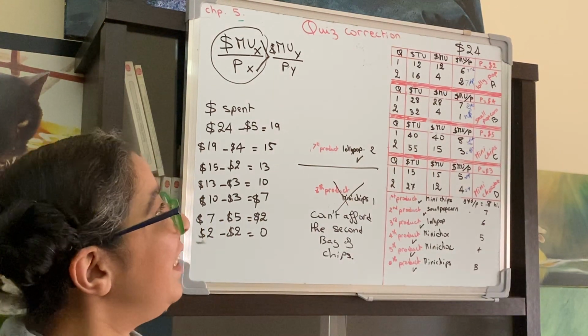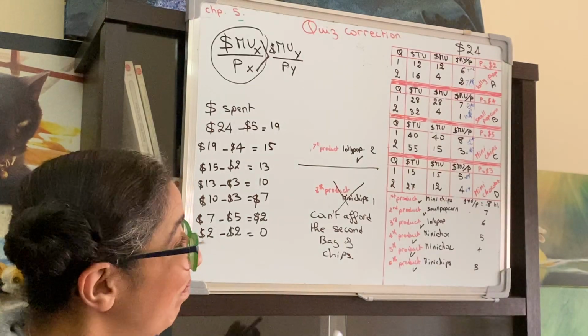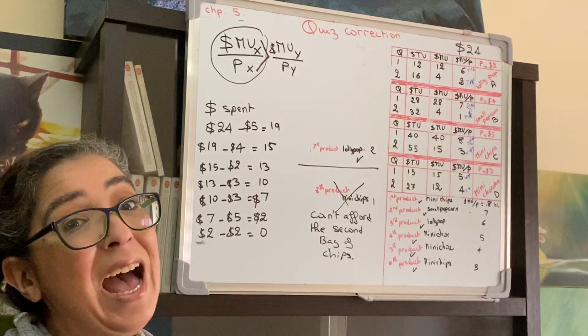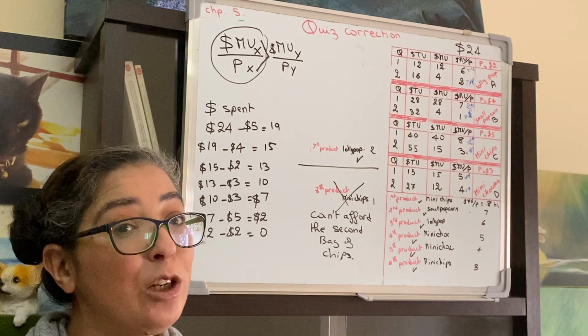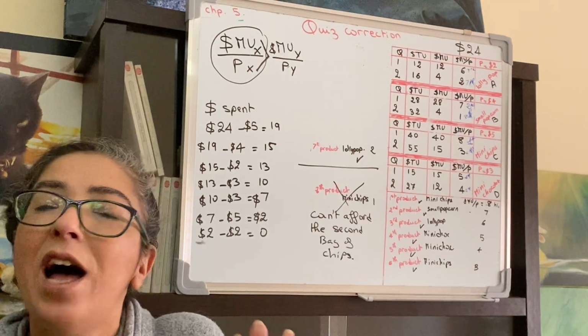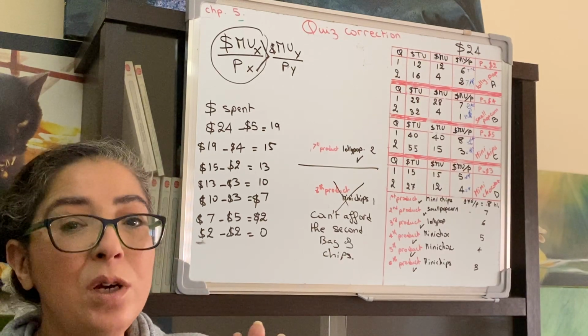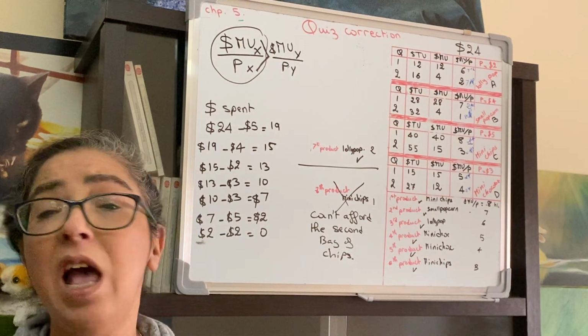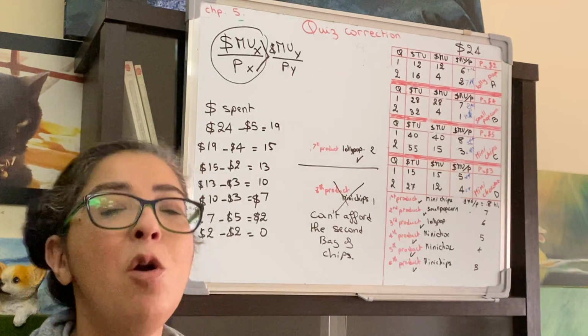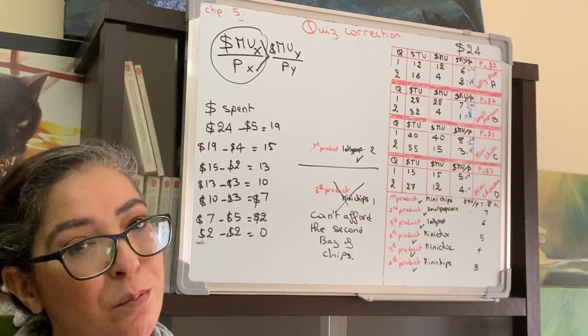So here is the correction of the quiz. I hope you got it. Now remember, if you're studying one good alone, there is no other good to compare to, you use the formula dollar marginal utility minus price, either to determine the equilibrium or to determine the consumer surplus.